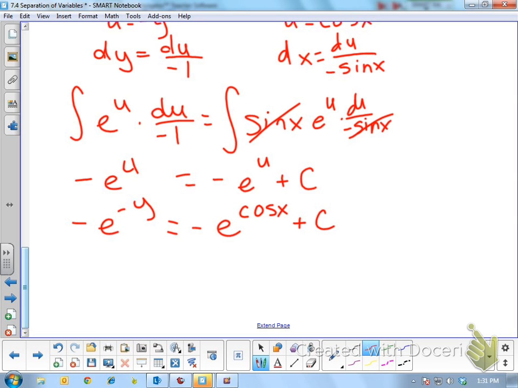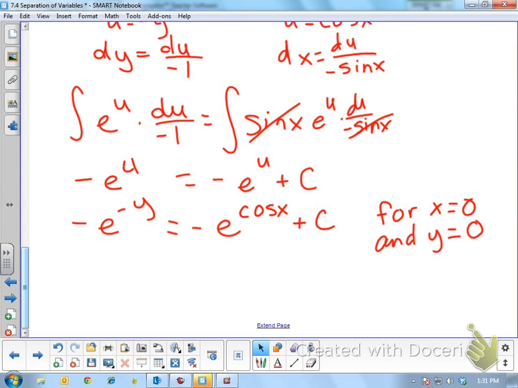So now, if we were going to find c, we would need some more information. I would have to give you some initial conditions. So for x equal to 0 and y equal to 0, plug in those values and find c.